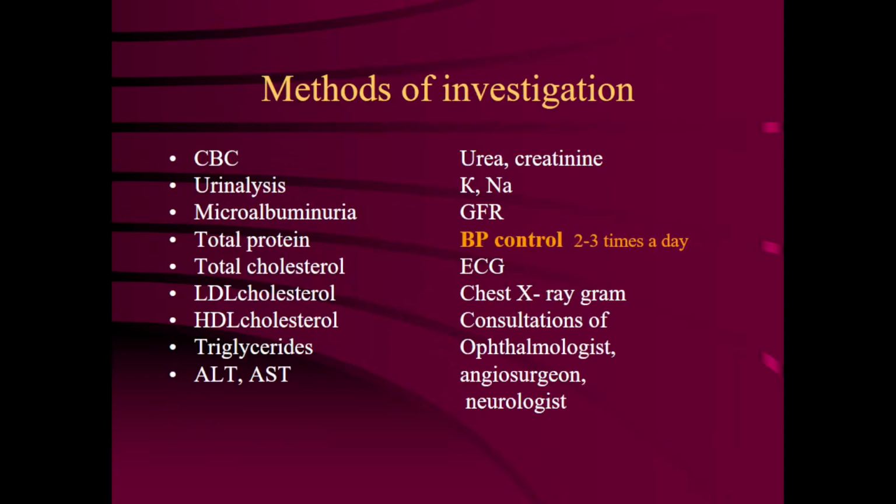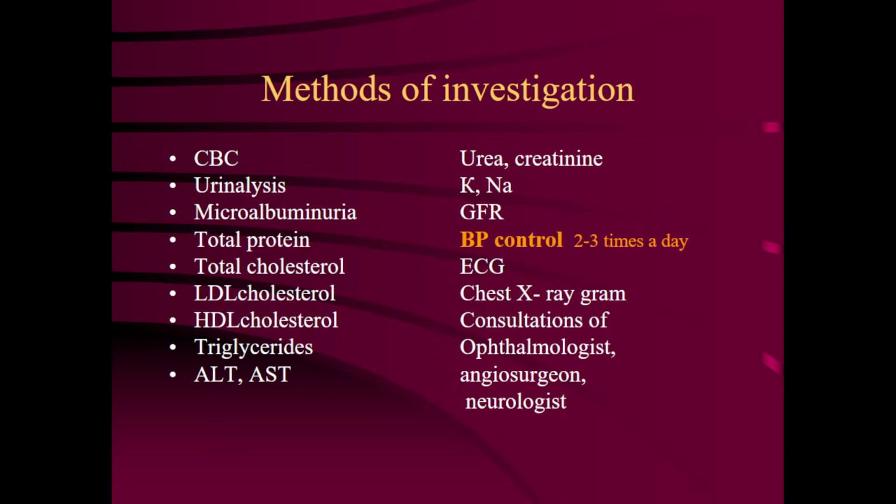And what about methods of investigation of the patient suffering from diabetes mellitus and arterial hypertension? What methods and tests are obligatory? Of course, we have to start with clinical examination. It's a rule. We have to interrogate the patient. We have to know the patient's complaints.